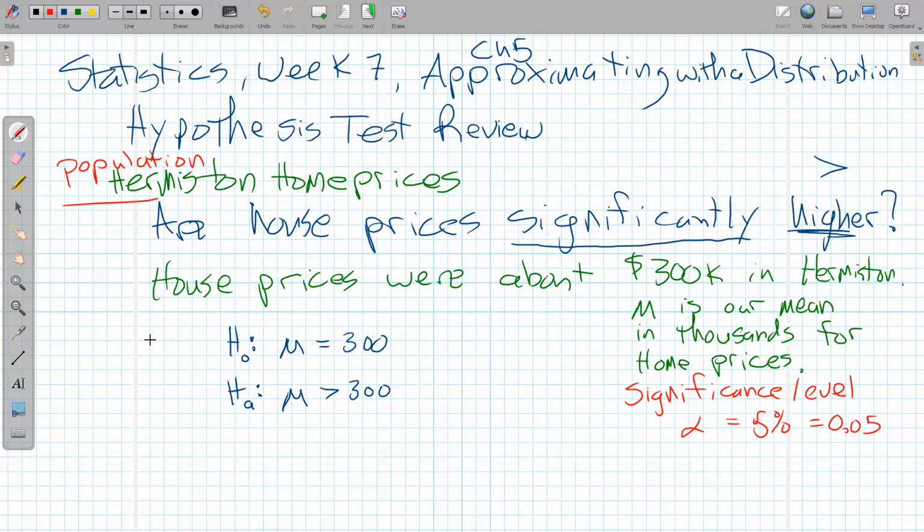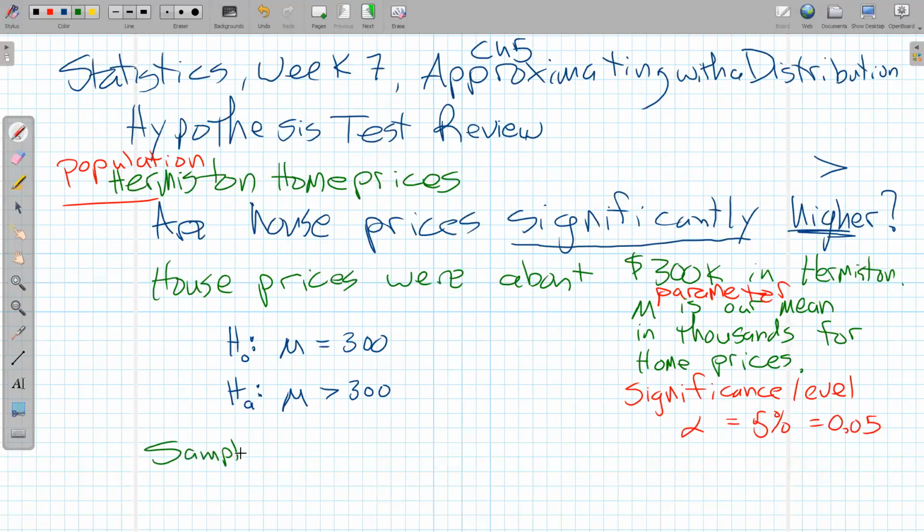The parameter is the mean. We think in the population of all Hermiston home prices, the average is about 300,000. That's the parameter.